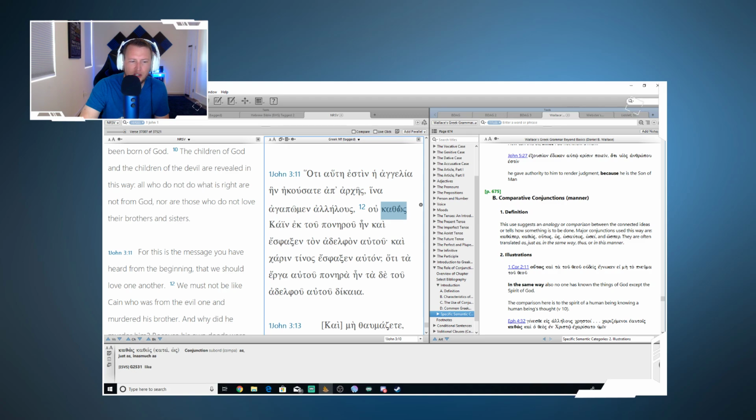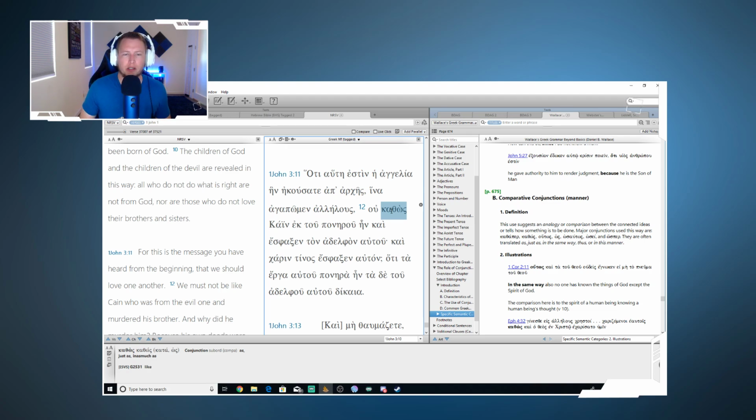This is just a conjunction, so it's not genitive or anything like that. It's a conjunction.